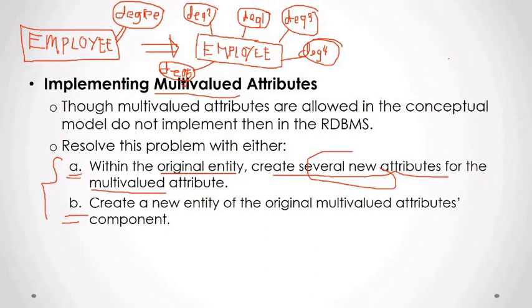So there are a lot of issues if you're going to choose option A. Option A will defeat the purpose of database management systems. It will now look like you are using a file system. Okay?